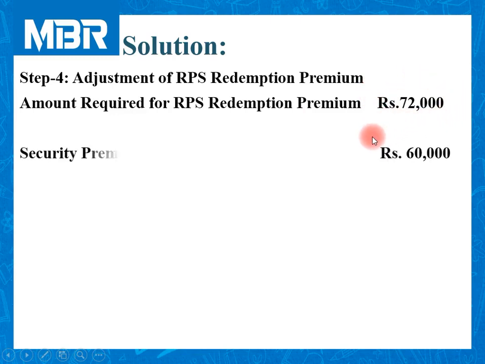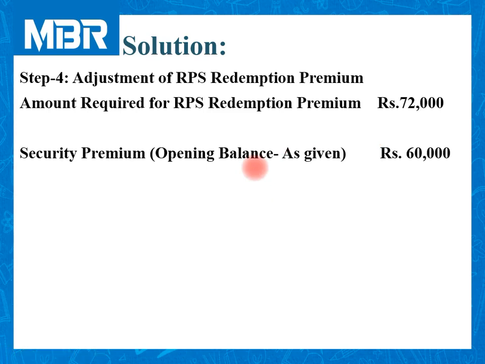Now refer to the liability side of the balance sheet. Securities premium is given for rupees 60,000. We have issued our securities at par, so we don't have any other scope to receive an additional amount of premium.